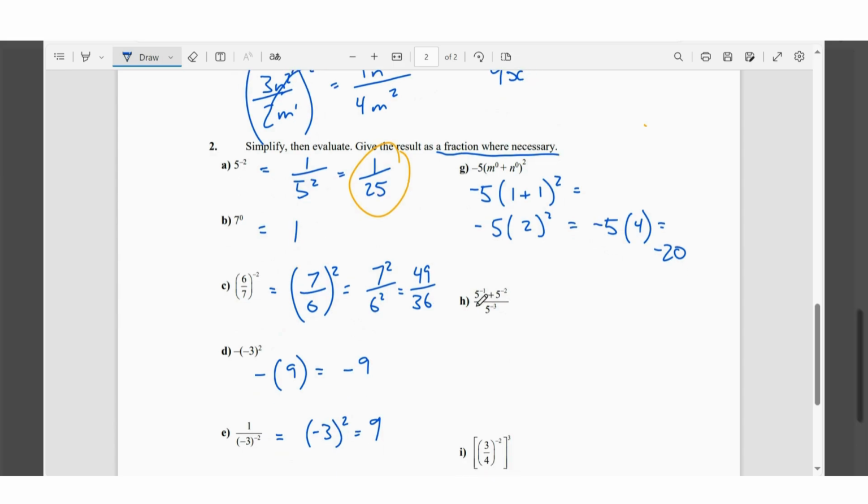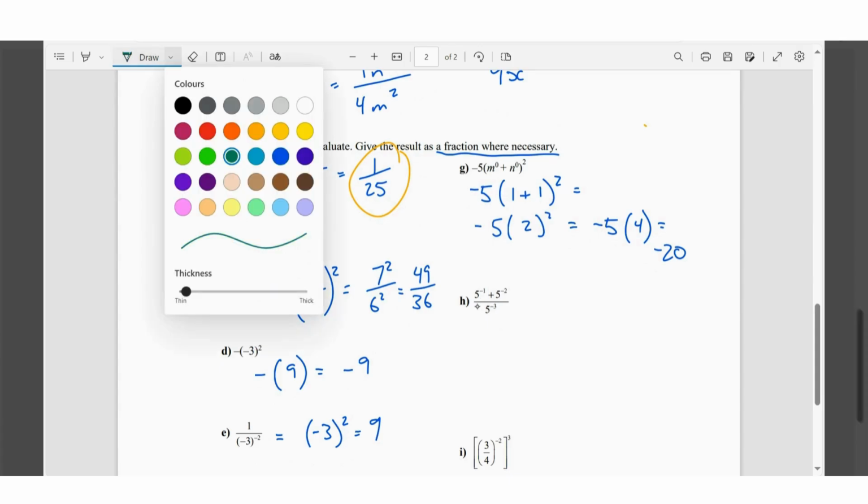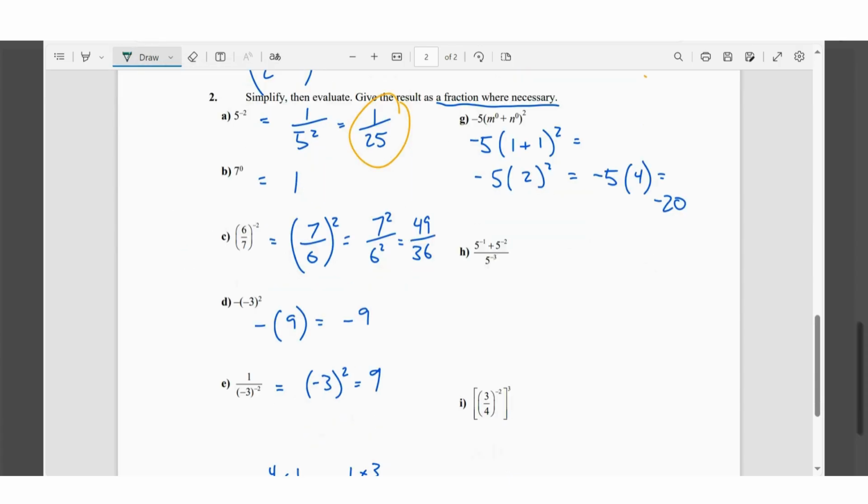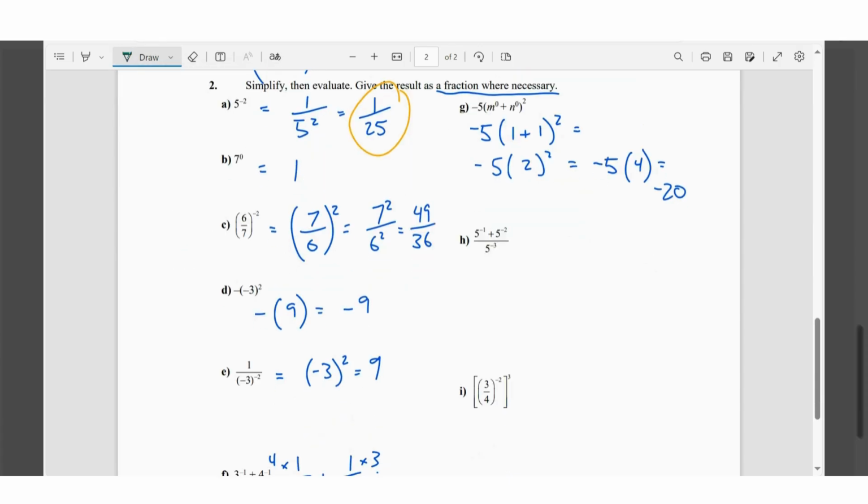And this next one, I want to point out something that I hope might be helpful, because we can just flip both of these. We can show it as 5 to the 3 over 5 to the 1 plus 5 to the 2. But this could get us a bit mixed up from here if we don't remember that we need to kind of split this in a certain way.